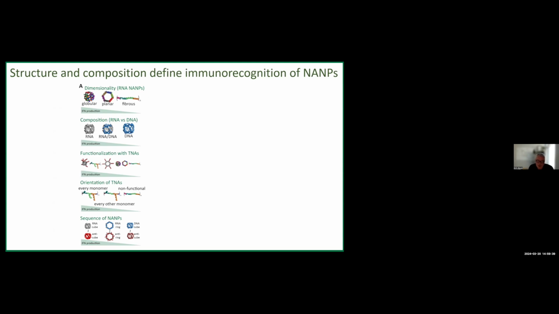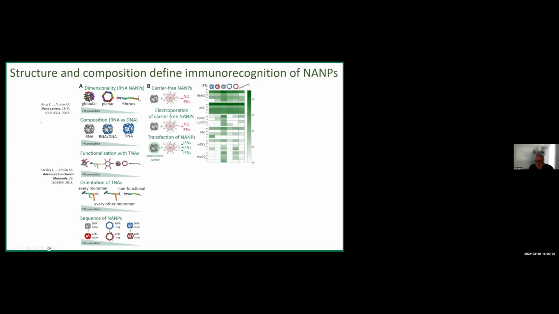We assessed the contributions of NAMPs architectures, compositions, and their functionalizations on the primary contribution to the immune recognition. For example, globular structures on average were shown to be way more immunostimulatory than fiber-like structures, and nanoparticles made solely of RNA are more immunostimulatory than the same nanoparticles made of DNA, and so forth.